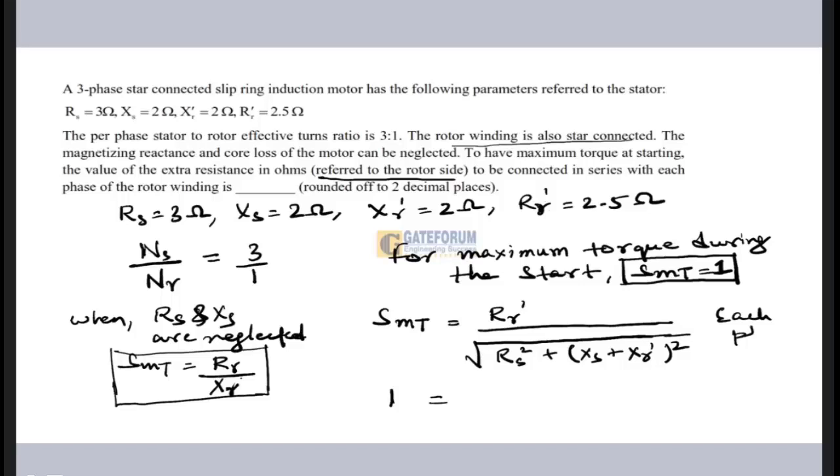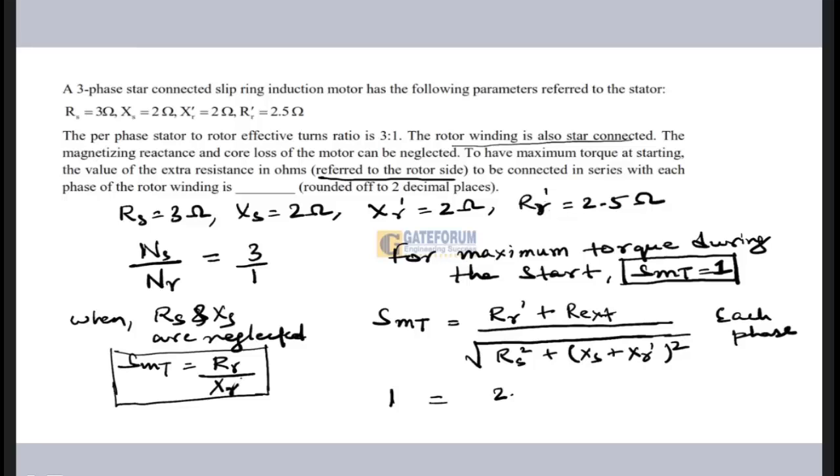So this will become RR dash plus R external, because the rotor resistance is not only RR dash. Here you have connected the external resistance in series with each phase on the rotor side.